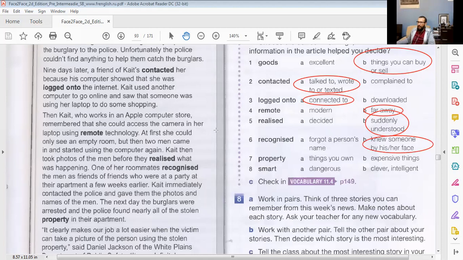Yes, property. Things you own. And smart. Clever. Intelligent. Correct.